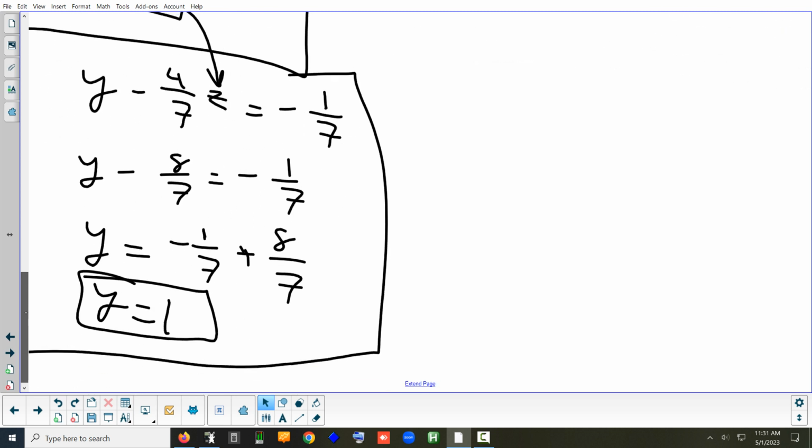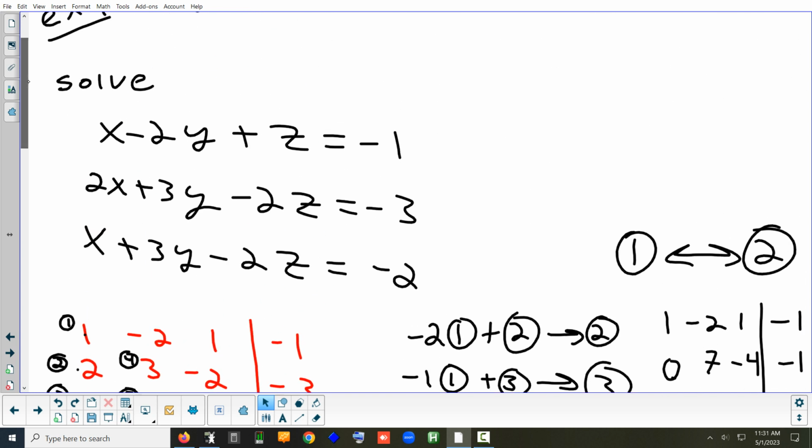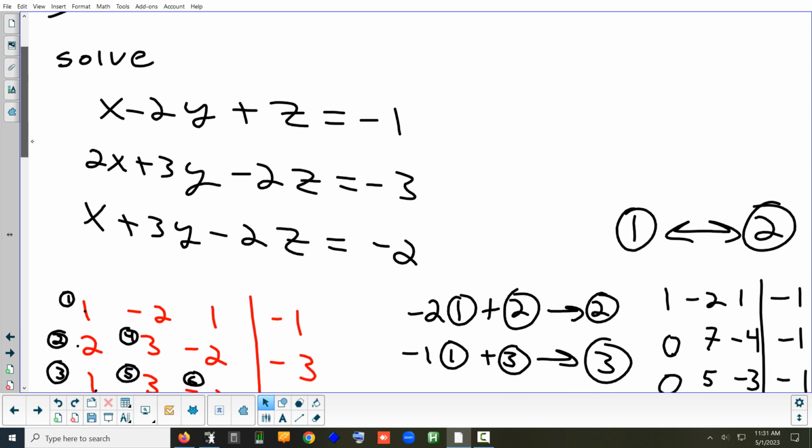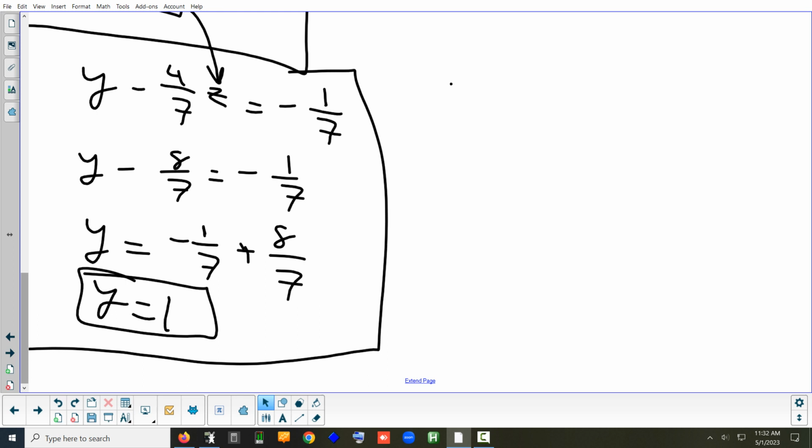So we've got z, we've got y. The only thing left is x. Well, to get x, we can go back up to any one of the original equations. Let's just use the first one. x minus 2y plus z equals negative 1. Okay, let's see, y is 1, so we're going to get negative 2 times 1, which is negative 2.